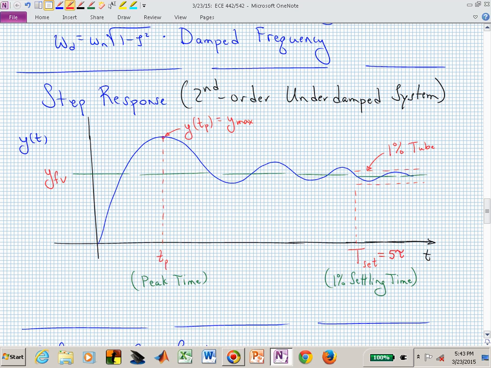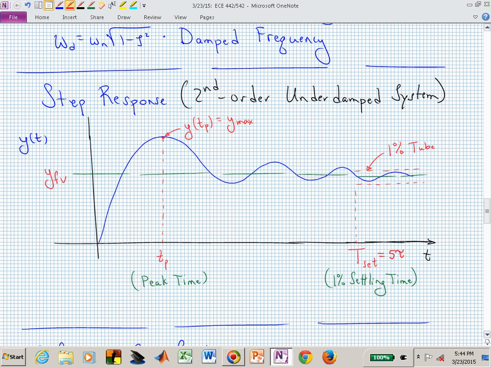What else? We have a final value, y sub fv. That's where we will eventually settle to, which we never settle theoretically, but it's approaching that final value, y sub fv. And y sub tp, we can use that with y sub fv to determine our percent overshoot.